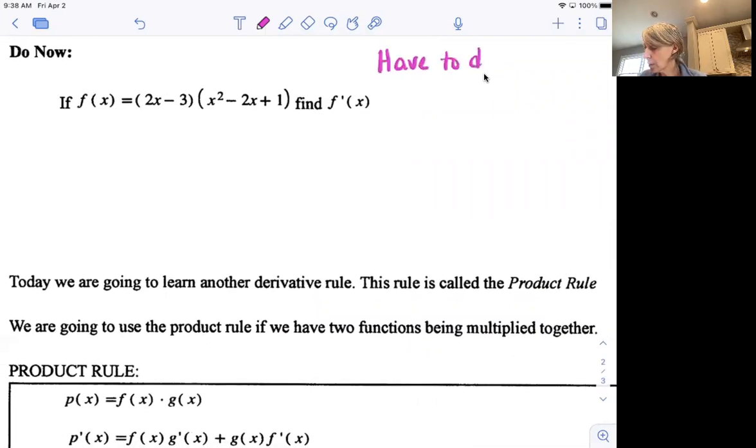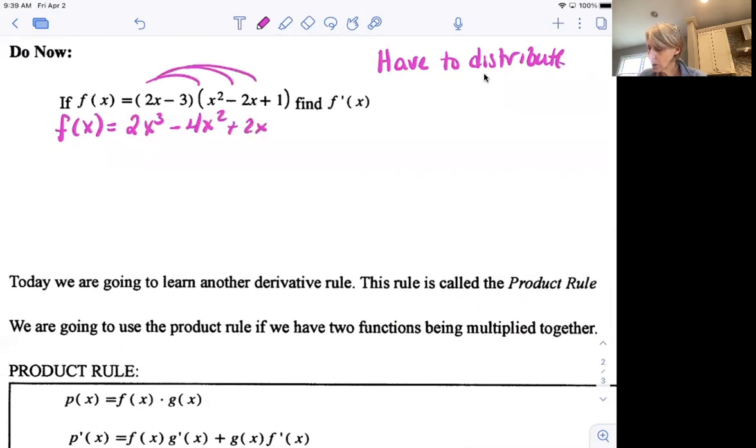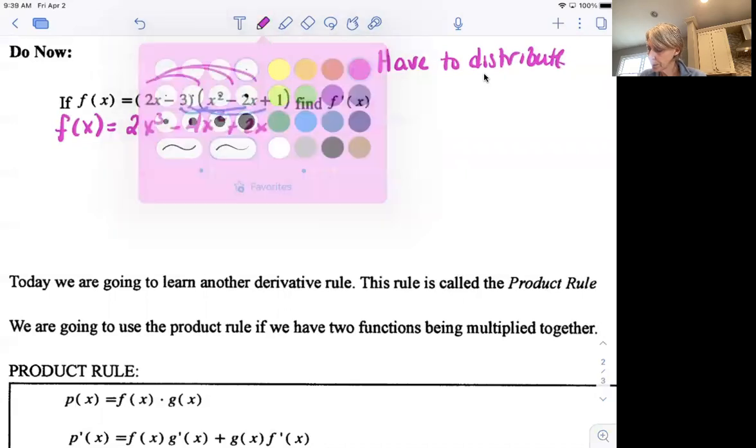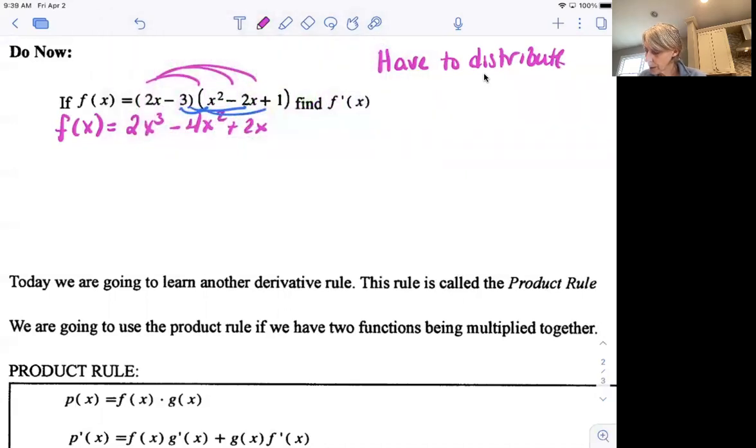So we have to distribute. I have to rewrite this function, 2x cubed minus 4x squared plus 2x. Right now I'm going to do this term to each of them. Minus 3x squared plus 6x minus 3.